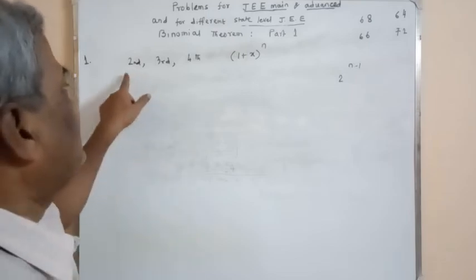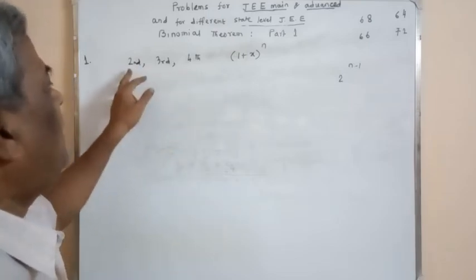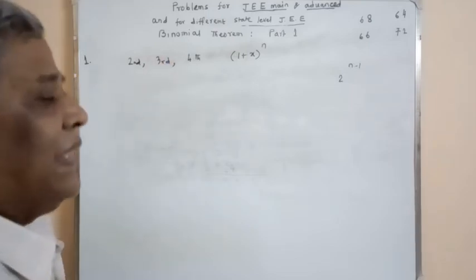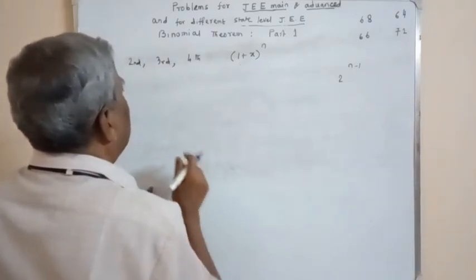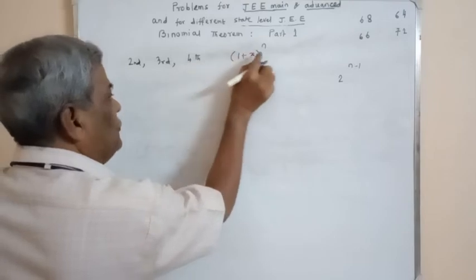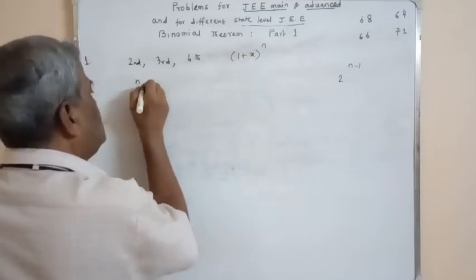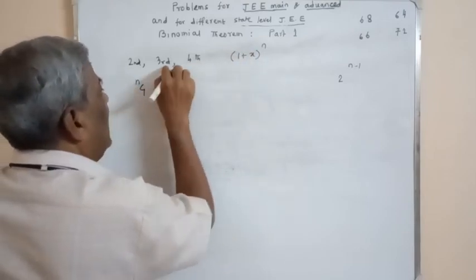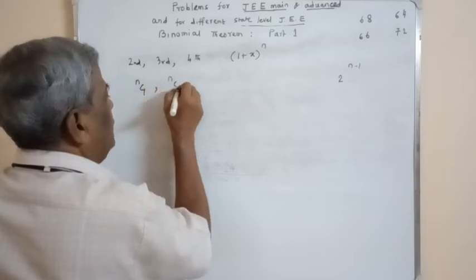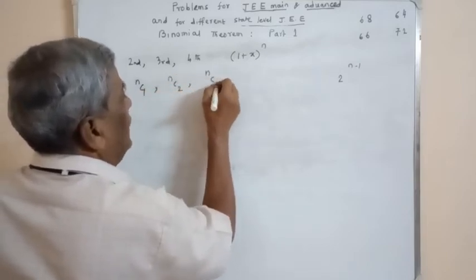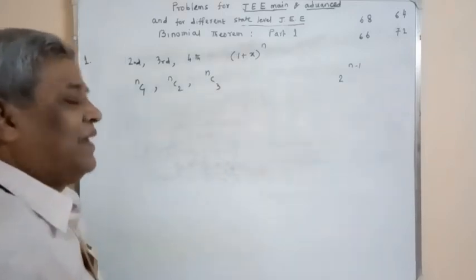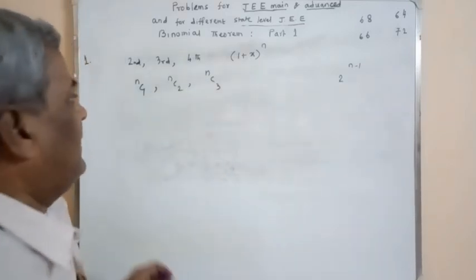For that purpose, this property is to be used, because these terms are in AP. Now, for this expansion, the second coefficient is nC1, the third coefficient is nC2, and the fourth coefficient is nC3, given that they are in AP.